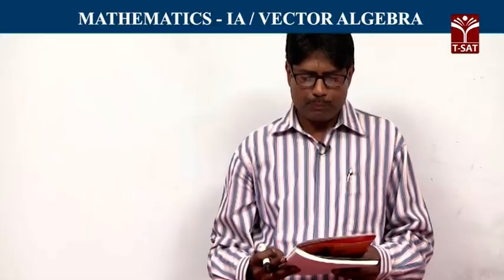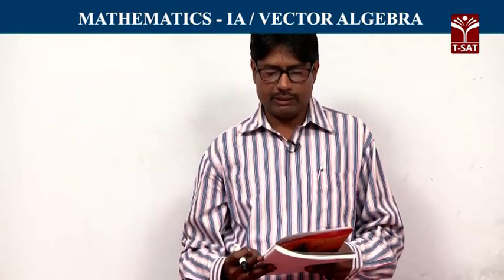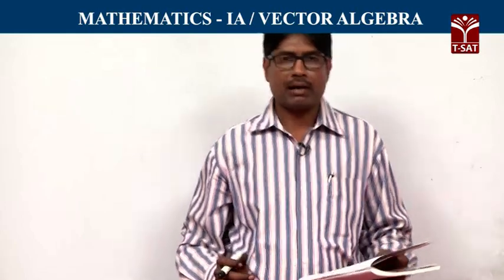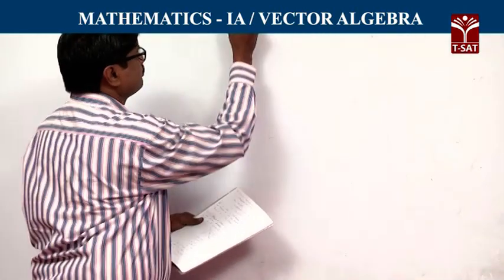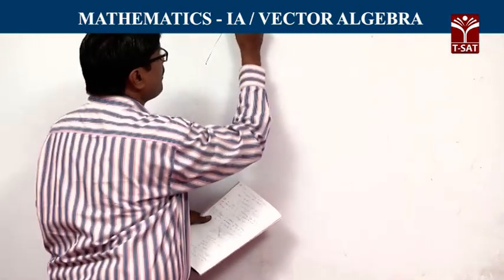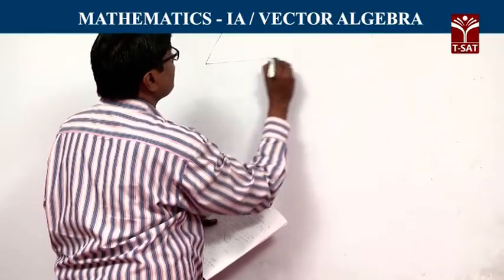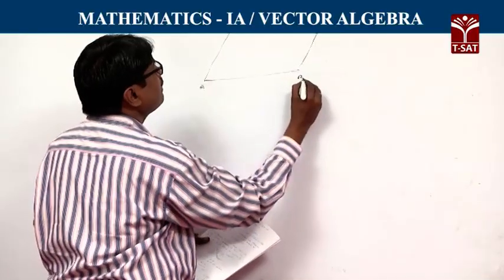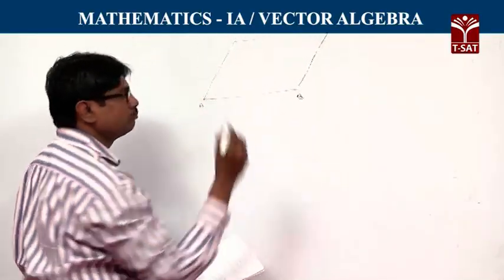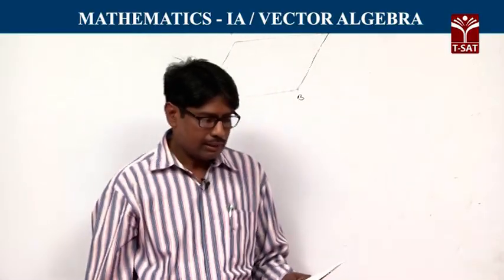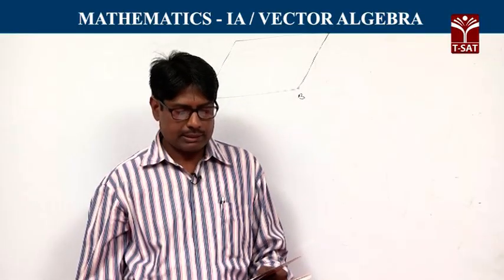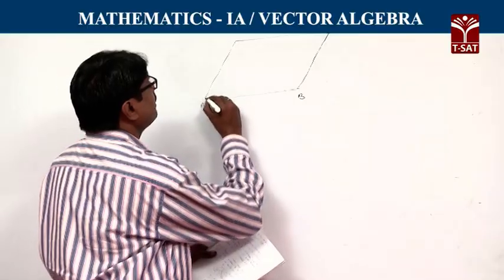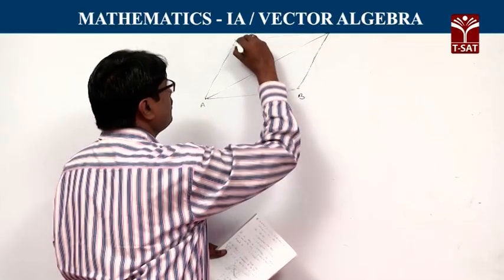The diagonals of a parallelogram ABCD intersect at E. You draw the parallelogram ABCD, A, B, C, D, and the intersection of the diagonals AC bar and BD bar.